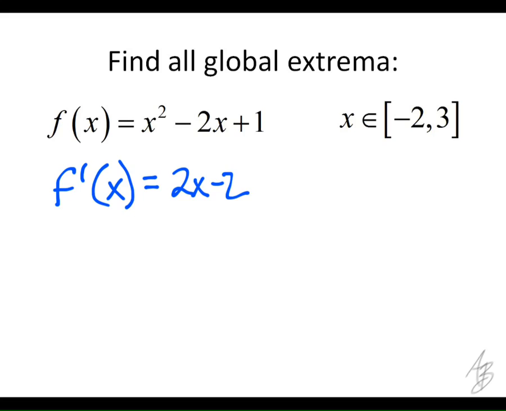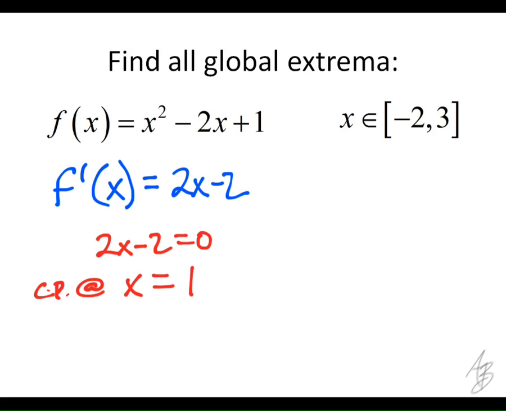To find critical points, we're going to figure out where that's equal to 0 and where that's undefined. Well, it's never undefined, is it? No. So we're going to just set it equal to 0. 2x minus 2 equals 0, and we get x is equal to 1. So we have a critical point, we'll call it a CP, at x equals 1.